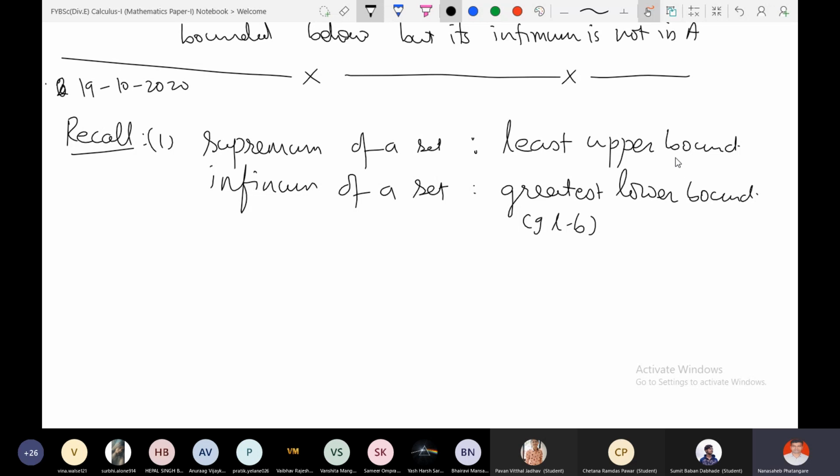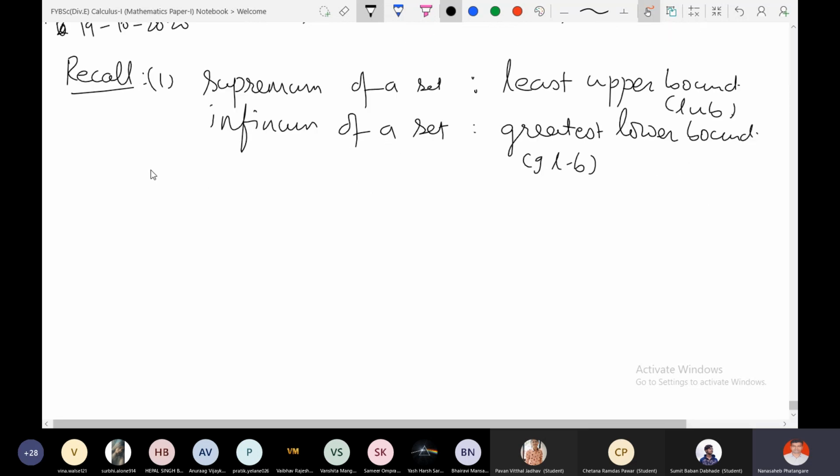Here LUB. So least upper bound, greatest lower bound. So least among all upper bounds and greatest among all lower bounds. So that is the simple thing about supremum.